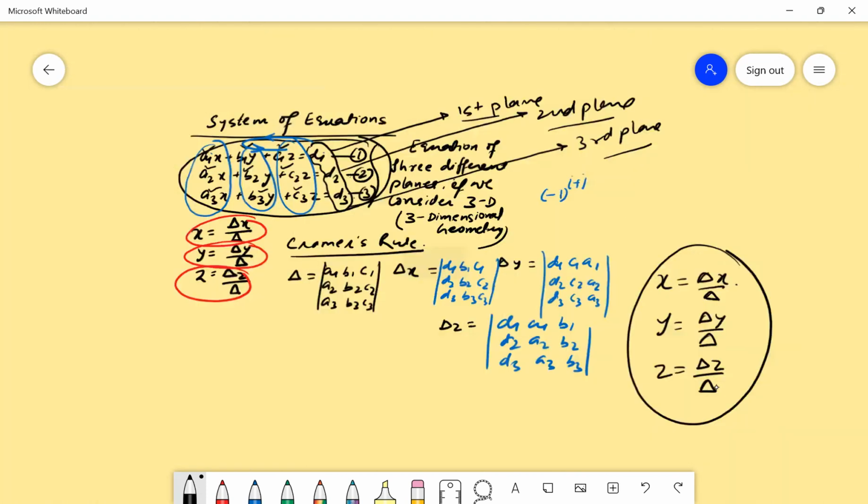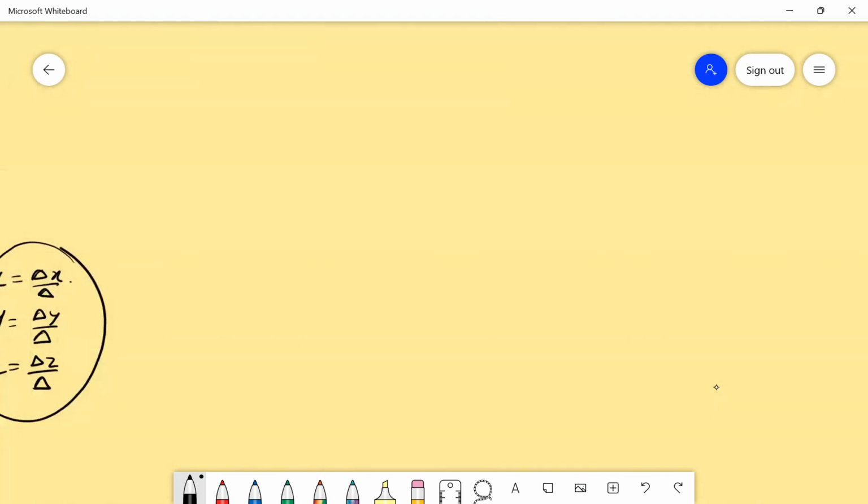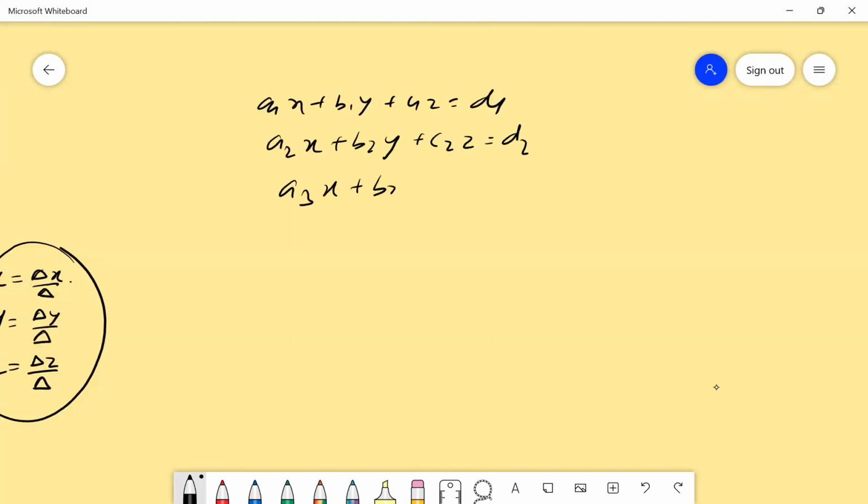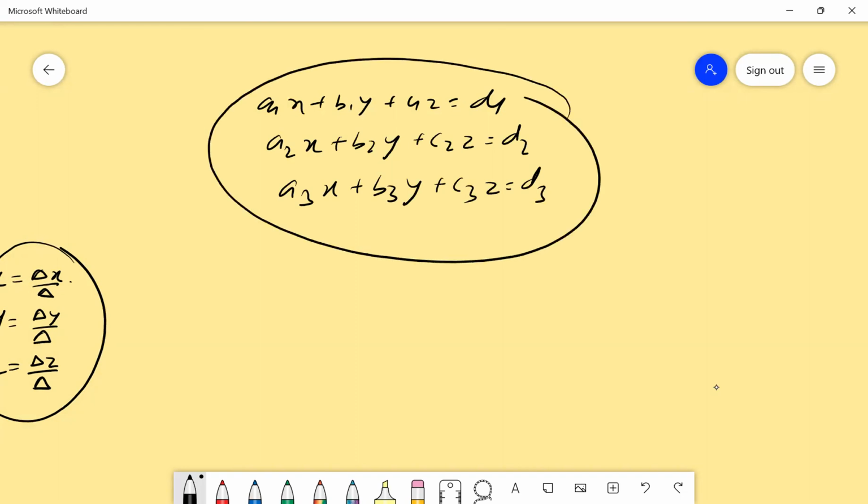See, let me write the equations again. a1x plus b1y plus c1z is equal to d1. a2x plus b2y plus c2z is equal to d2. And a3x plus b3y plus c3z is equal to d3. These are the system of equations, three linear equations in x, y, z, three different planes.